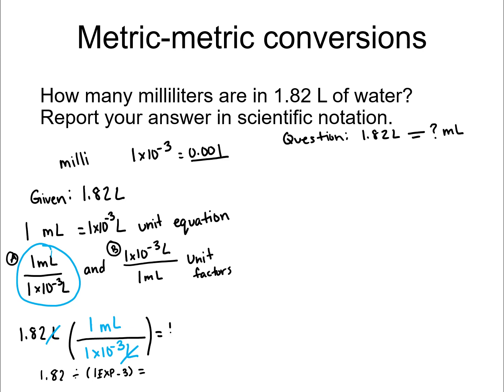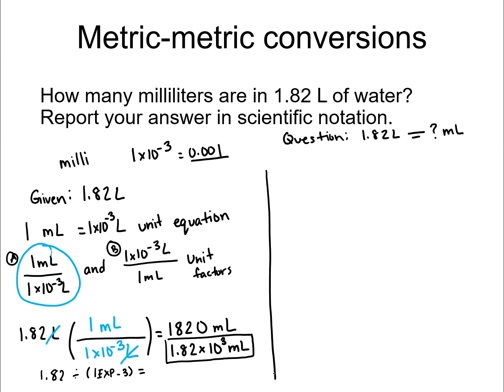Either way, you get that, but we need to write it in scientific notation. So does everybody see how we solved it that way? I'll go through and do the other unit equation just to show it's the same.